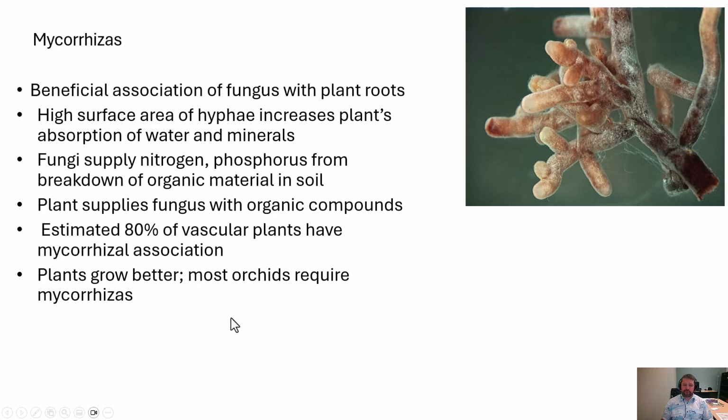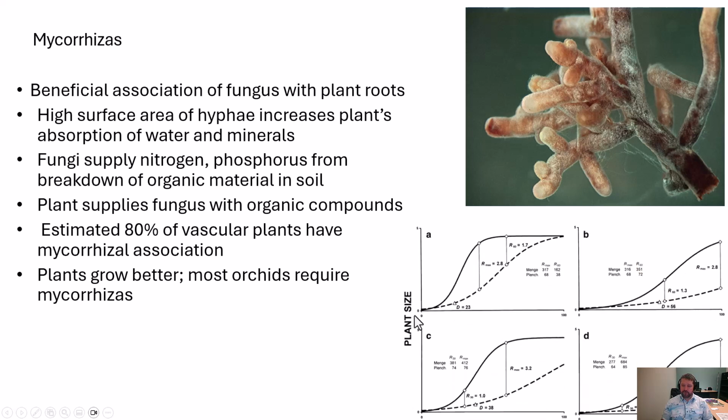And some plants just require it, like they can't live without it. When we look at a chart, taking plant size into account, the majority of plants benefit from mycorrhizal association. Some plants can play catch up.